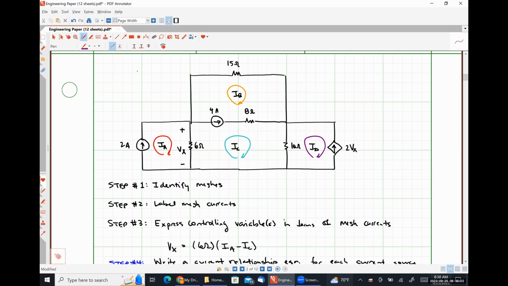Since the 4 amp current is shared between meshes B and C, our super mesh should contain just meshes B and C. So instead of going around this one and then around this one, we are instead going to take this path for our Kirchhoff's voltage law equation because it avoids taking the voltage drop across that 4 amp source.